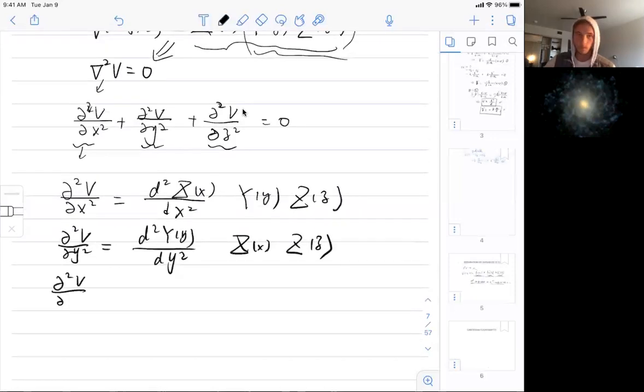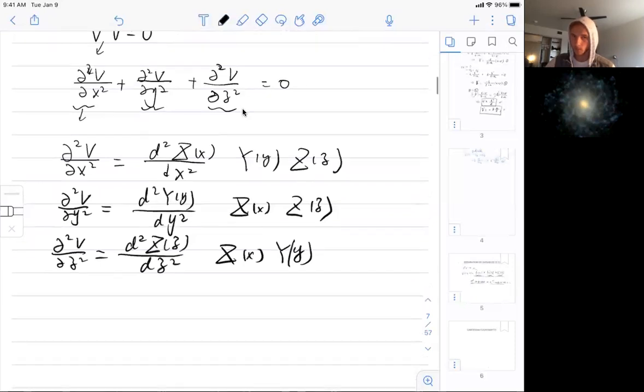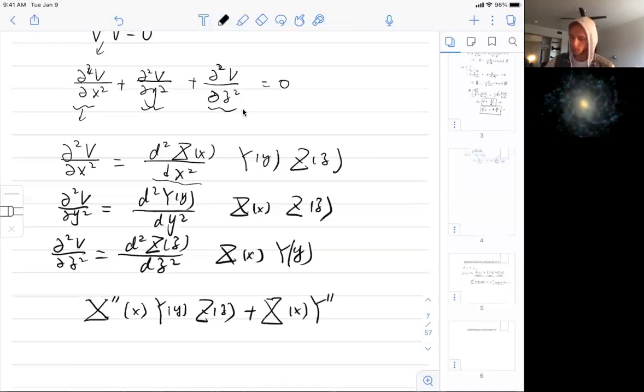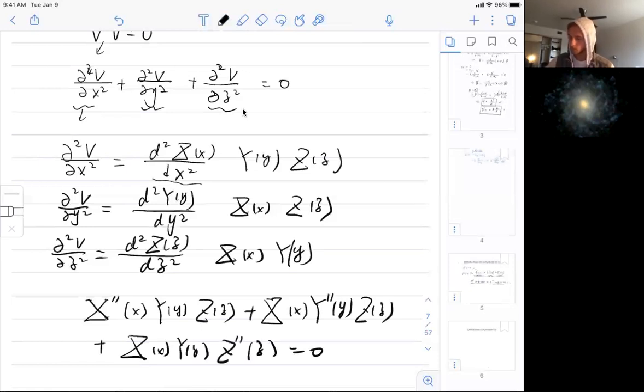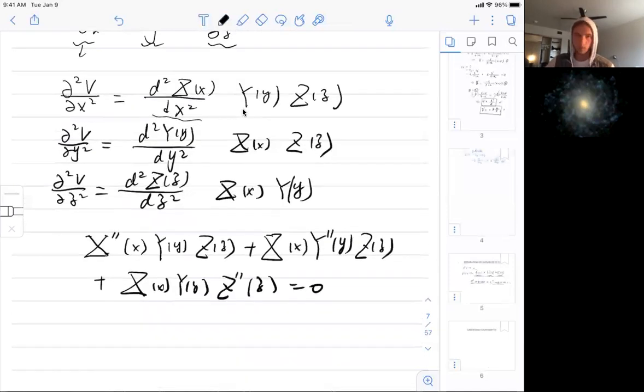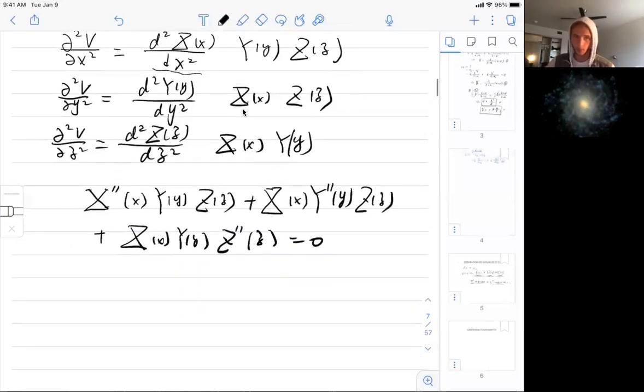The third is the same: x and y are carried. So when we put them back together, we get the second derivative of the function of x times Y and Z, plus X times the second derivative of Y times Z, plus X times Y times the second derivative of Z. So far so good at this point?